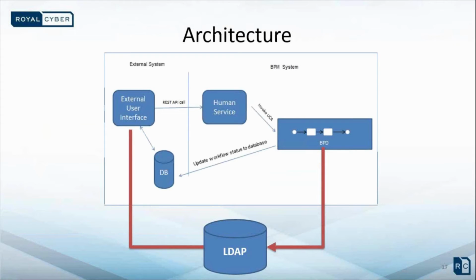So this is the architecture of the headless BPM approach, wherein you have the external system implementing the user interface outside of BPM, whereas your BPM will have the BPD and its services exposed via REST service.